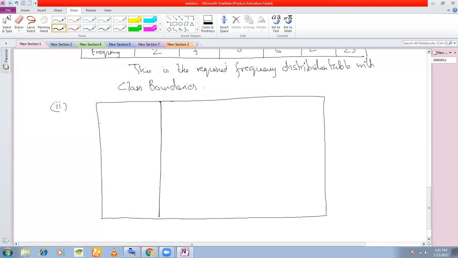The first column will be for class boundaries. The next column will be for class mark, also called the mid values, because you have to calculate the class mark. And this will be for your cumulative frequency.